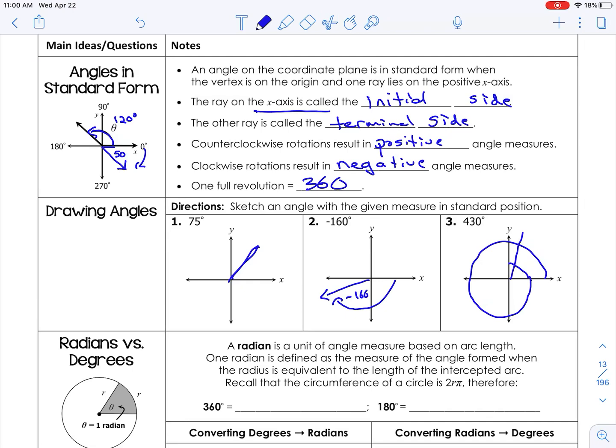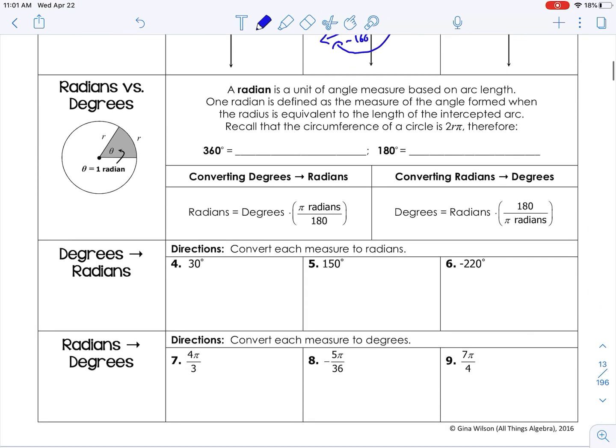But this is 430, so that would be a 430 degree angle. And you can see that it is the same as what? It was 360 plus what to get to 430? That would be 70 degrees. So 70 and 430 are the same thing.